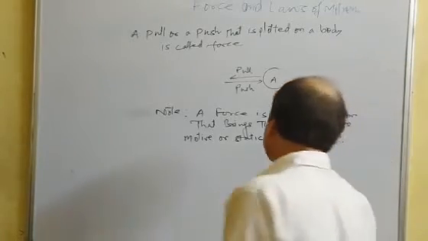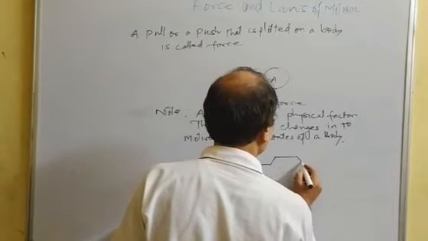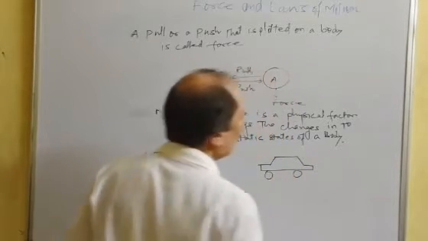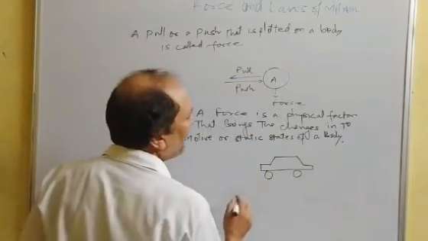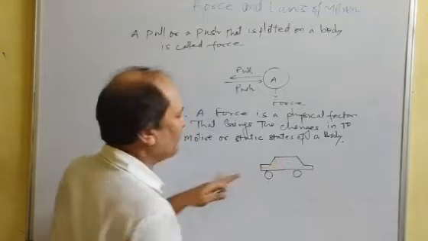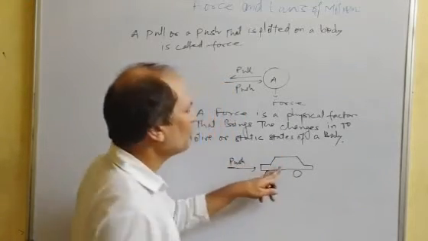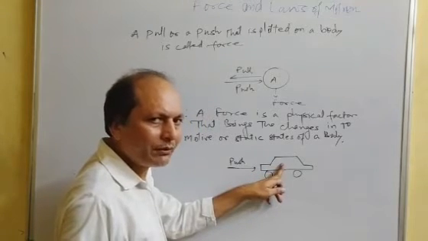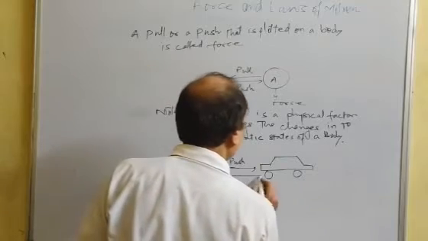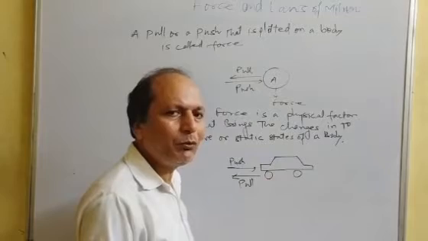How does it happen? See this. Suppose here is a car, and suppose this car is stationary, and you are applying a push. So the car will come in motion. Otherwise, if you are applying a pull, that time also the car will come in motion.